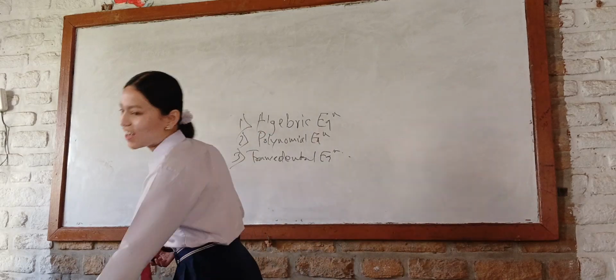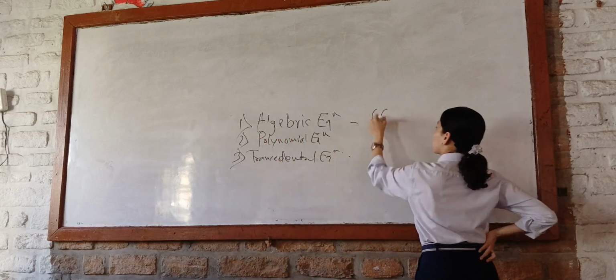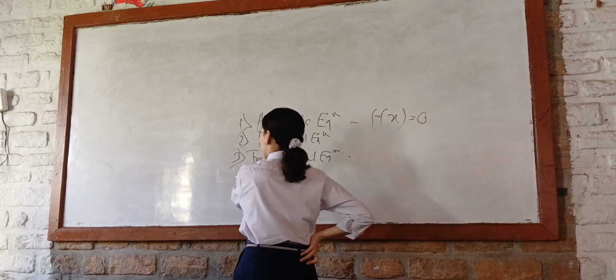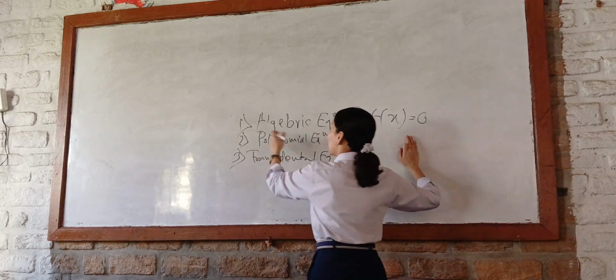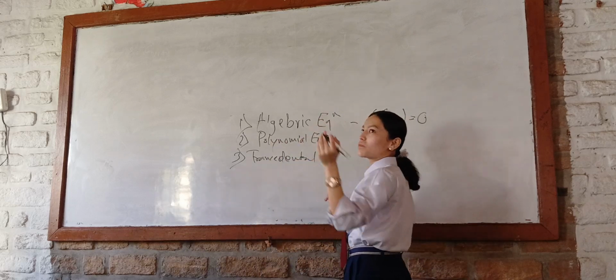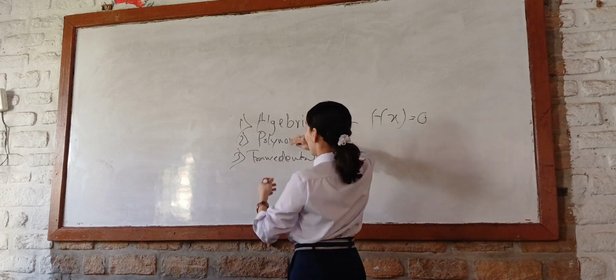Algebraic equations are those where, simply, if the function is equal to 0 and it is an algebraic function, then it is said to be an algebraic equation.